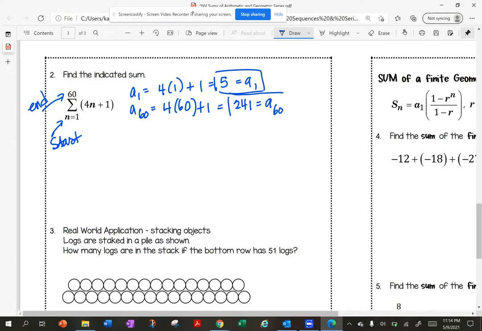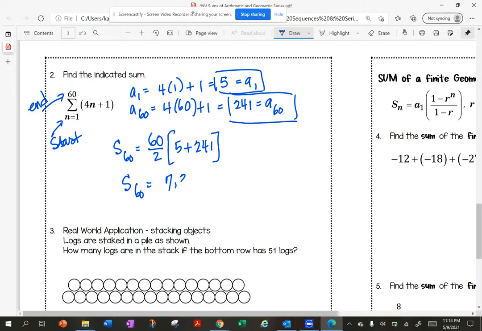So now I know the number of terms, my first and my last term, so I can calculate the sum of all 60 terms. So I have 60 terms, so I'm going from 1 to 60, so 60 divided by 2, times my first term plus my last term. So the sum of all 60 terms is 7,380.